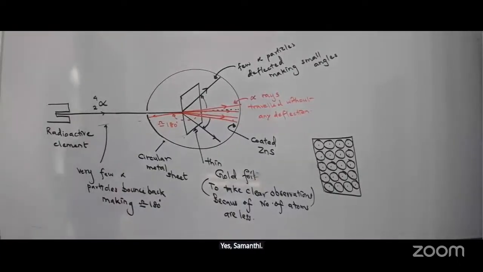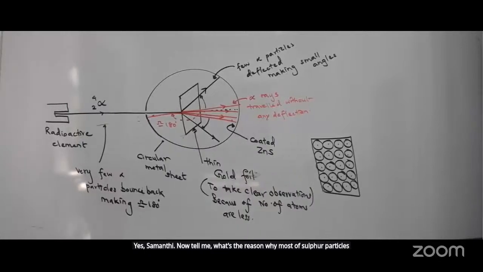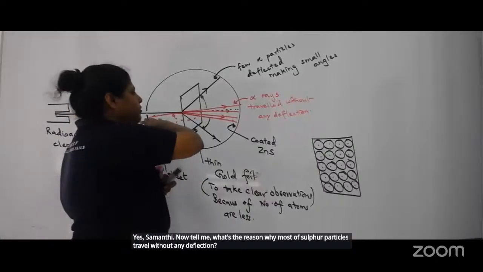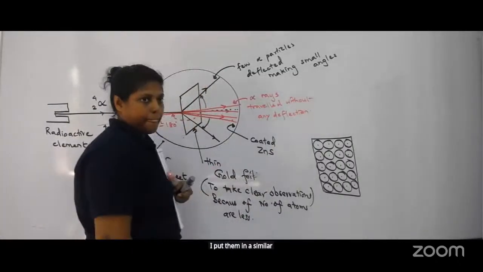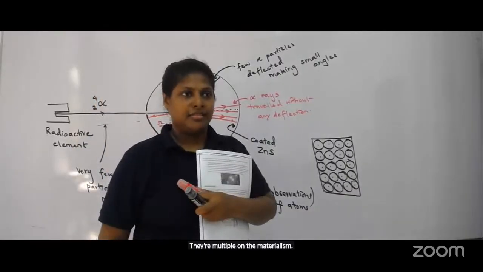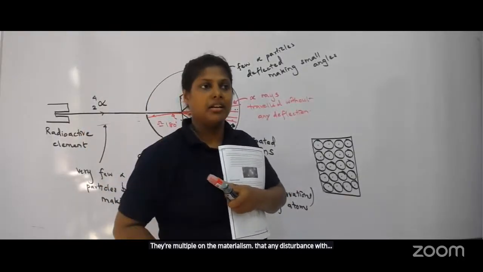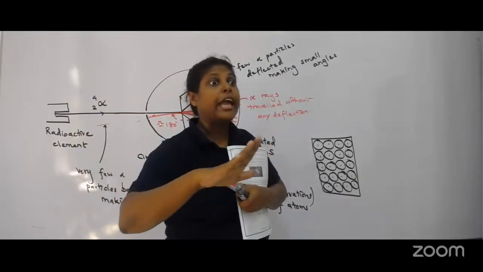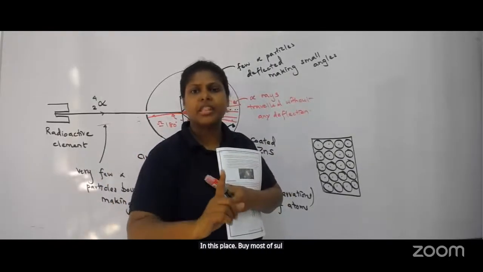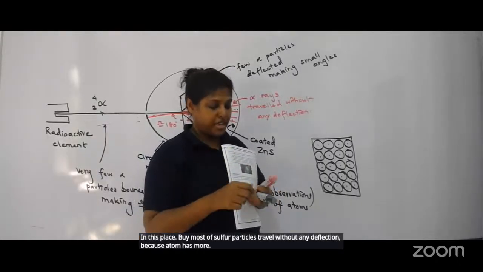Now tell me, what is the reason most alpha particles travel without any deflection? Why is there a disturbance? For me to travel clearly, what is here? Empty space. Most alpha particles travel without any deflection because the atom has more space.